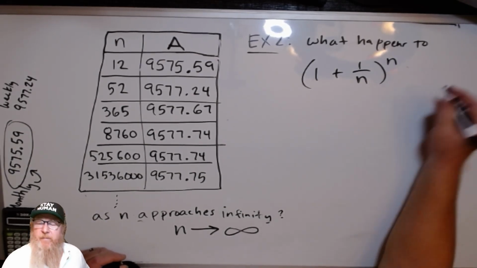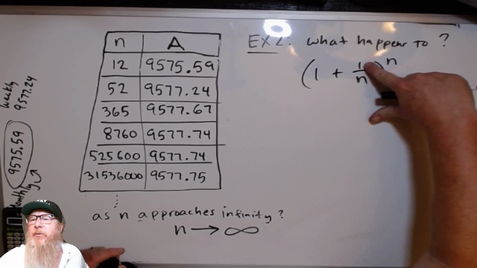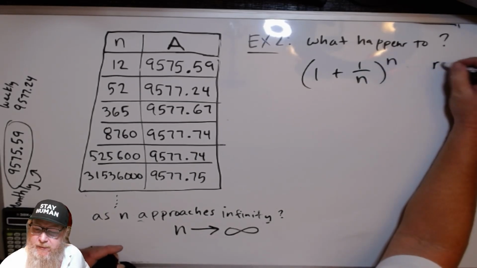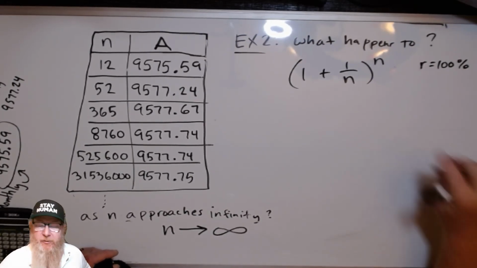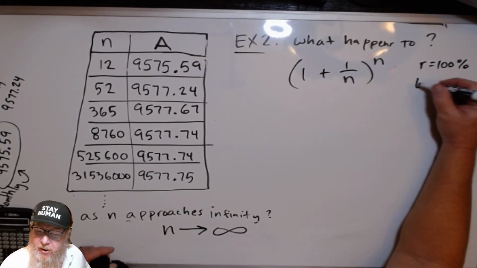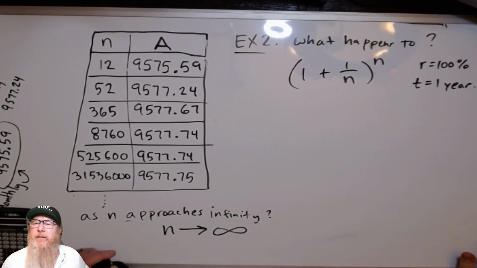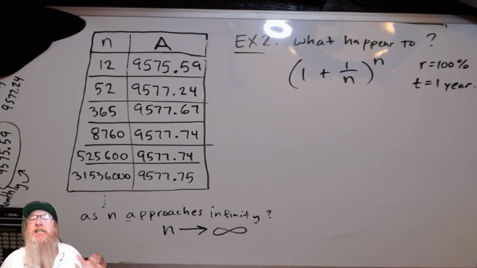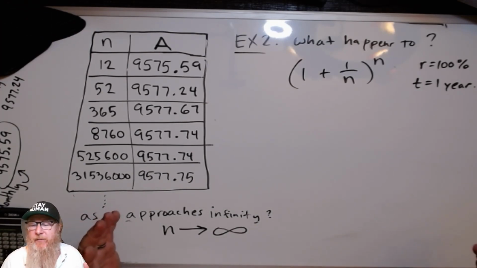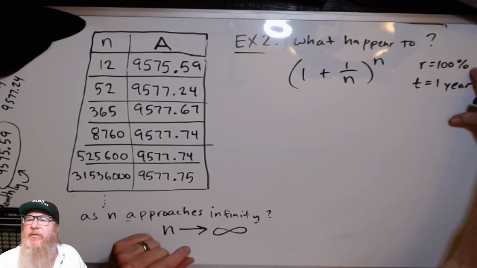So this represents 100% interest, so I just put 1 up here. And the term is 1 year. And that'll give us an idea of how this is growing in a maximum possible situation, right? Now, 100% interest is very, very rare.